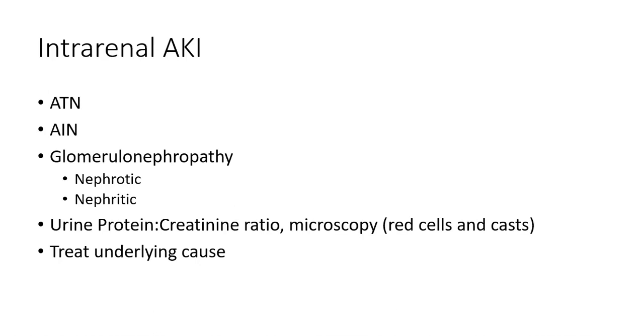Because it is an inflammatory process, patients often need to have steroid therapy if treatment of the underlying cause, whether it be the autoimmune disease, the infection, or withdrawal of the offending drug, is inadequate on its own.